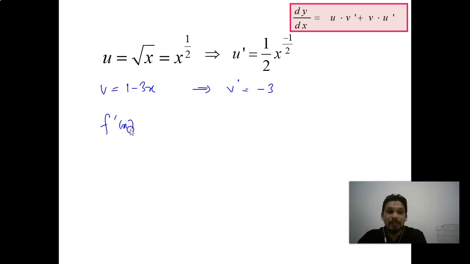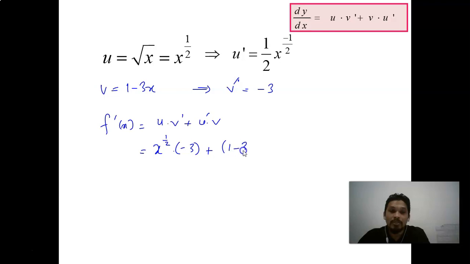So f prime x equals u multiplied with v prime plus u prime times v, or v u prime, still the same. Okay, so u equals x to the power of half multiplied with v prime equals negative 3, plus v equals 1 minus 3x, and u prime equals 1 over 2 x to the power of negative 1 over 2.